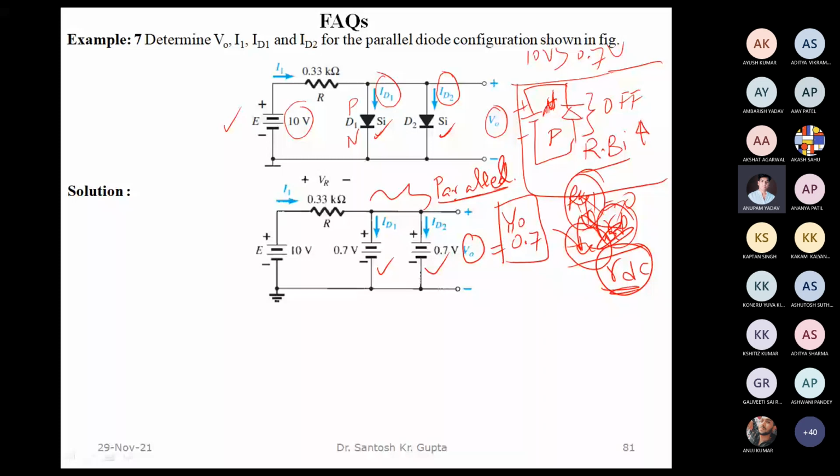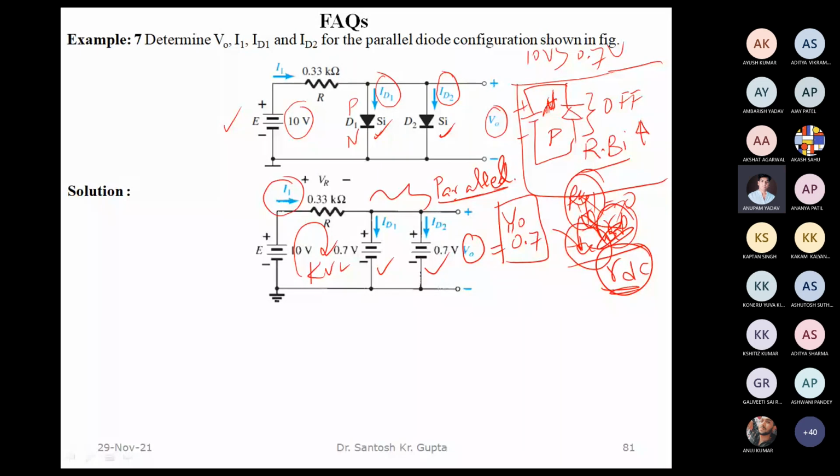Now we can apply KVL into this loop and find out the current I1 first.